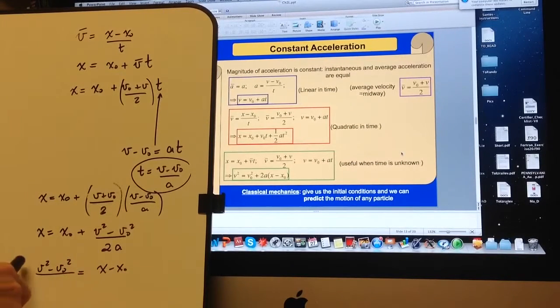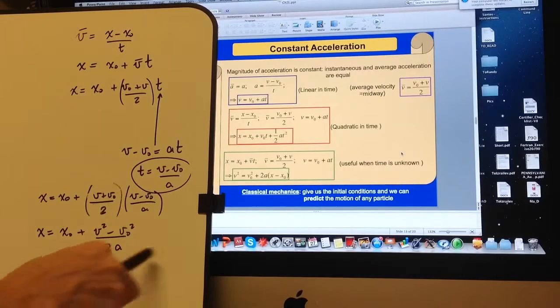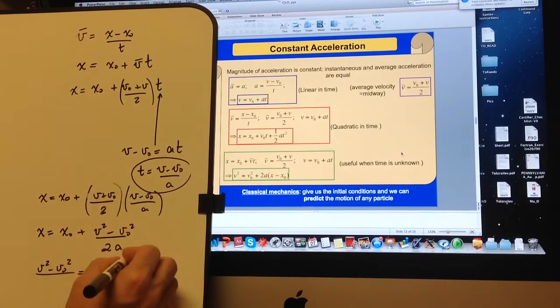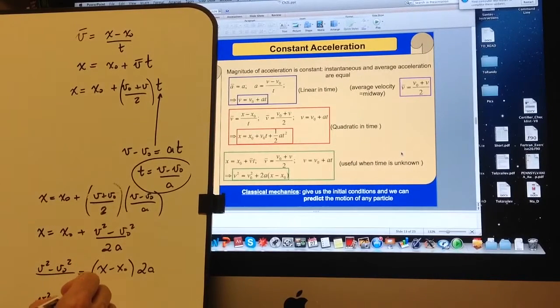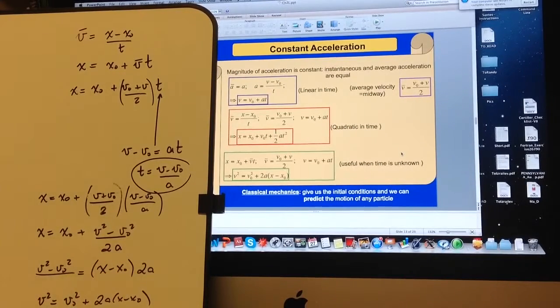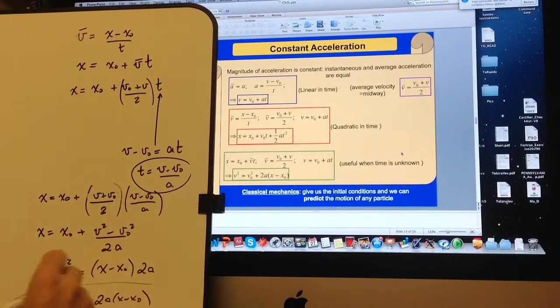So I can put this 2a on the other side. And then we have the expression v squared is equal to v naught squared plus 2a times x minus x naught. And then finally we arrived at the other equation.